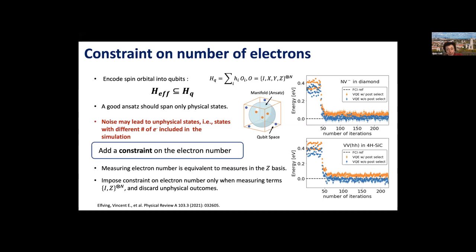So graphene doesn't have a gap, and we cannot even start to look at defects in graphene with this theory right now, and also the screening, which would be a metallic screening, would have to be computed in a different way.